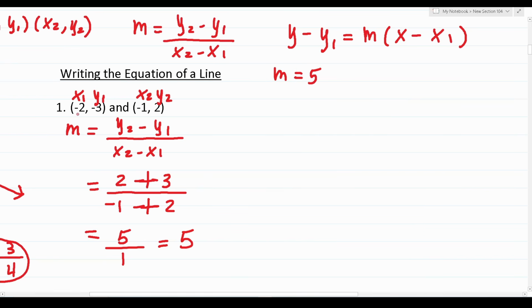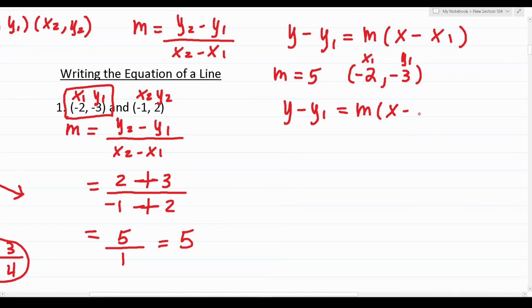And I'm actually going to copy this ordered pair over here. Again, that's negative 2, negative 3, and we already know that this is x1, y1. As I mentioned previously, we're just going to plug all these things into the point slope equation, which is this: y minus y1 equals m times x minus x1.